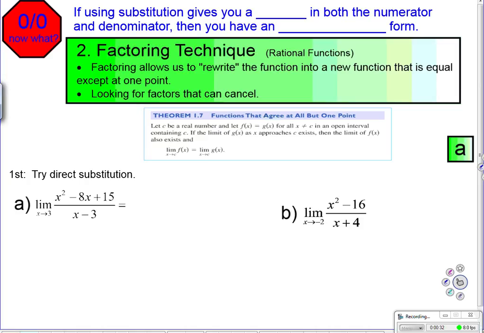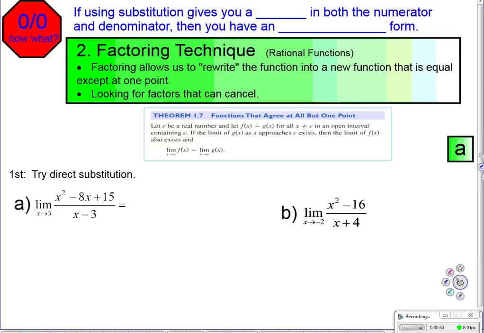Step number 2 is factoring techniques. These will work really well on rational functions. Factoring allows us to rewrite the function into a new function that's equal to the old function, except at maybe one point, and then we'll look for factors that can cancel.